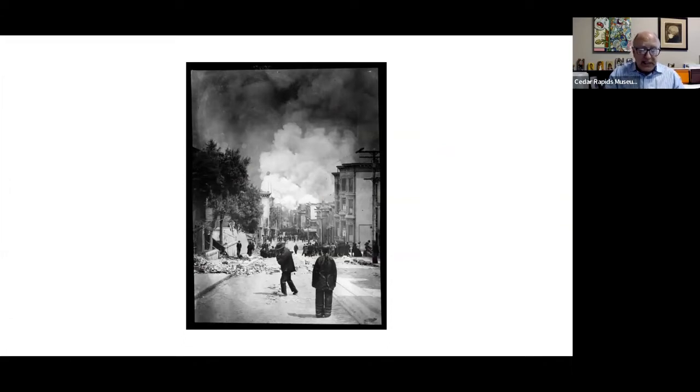In 1906, the San Francisco earthquake and fire destroyed his studio, but he rebuilt. His photographs of the earthquake's aftermath, especially this one looking down Sacramento Street in San Francisco on April 18, 1906, is his most famous photograph. And here you see one view of it.